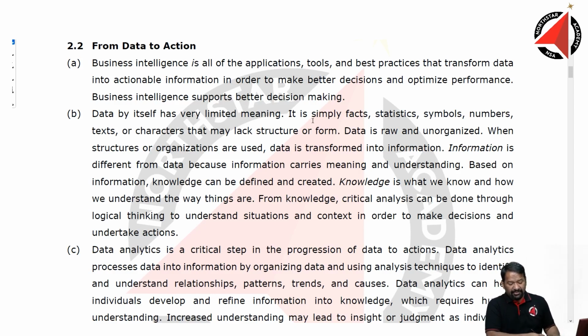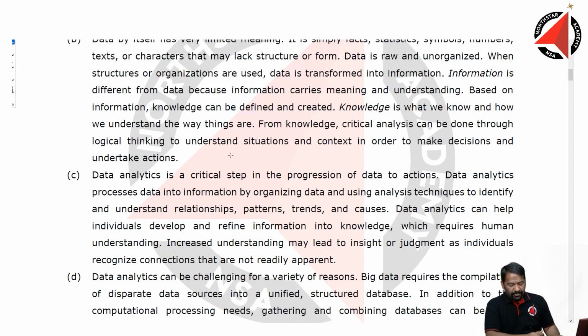Then, data by itself has limited meaning, in the sense that data, if it is in the raw format, has almost no meaning unless you convert it into rows, columns, formats in a very specific look so that it can be analyzed using many different software and tools. And data analytics comes into place. What is data analytics?